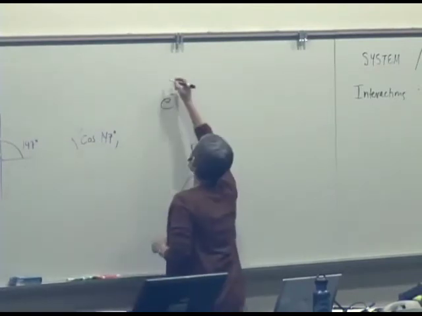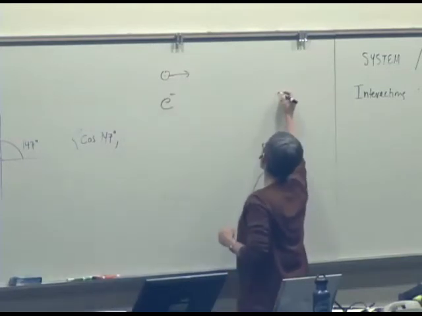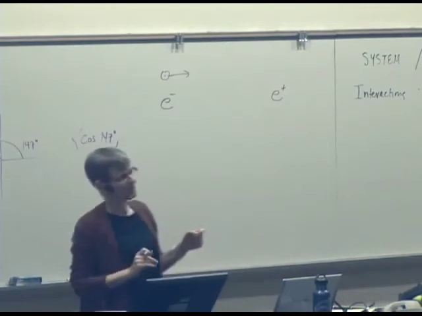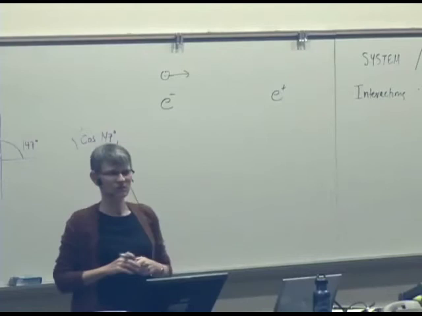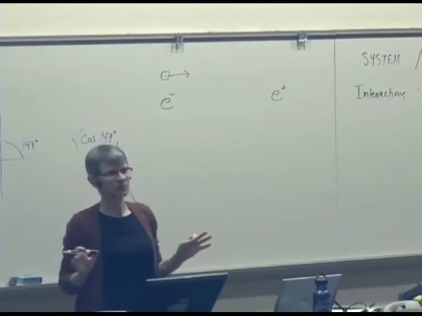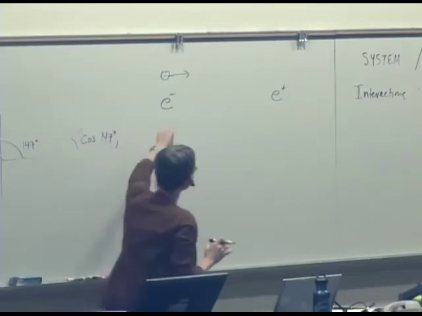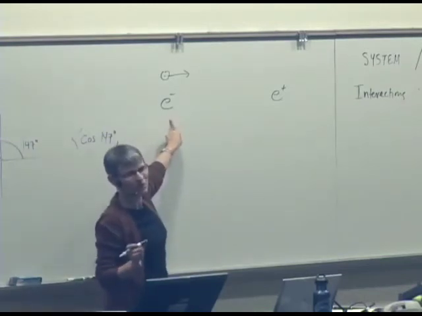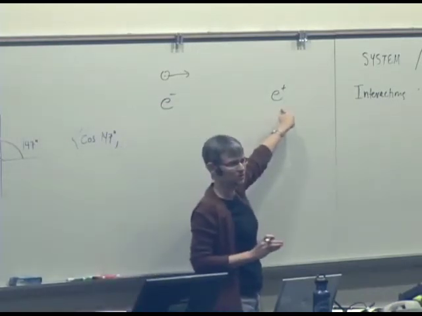Well, suppose you have an electron going this way, and over here you have a positron. What's a positron? Well, a positron is also a very tiny particle with the same mass as the electron, about 9 times 10 to the minus 31 kilograms, but it's got a positive charge. So this has a charge of minus 1.6 times 10 to the minus 19th coulombs, and this has a charge of plus 1.6 times 10 to the minus 19th coulombs.